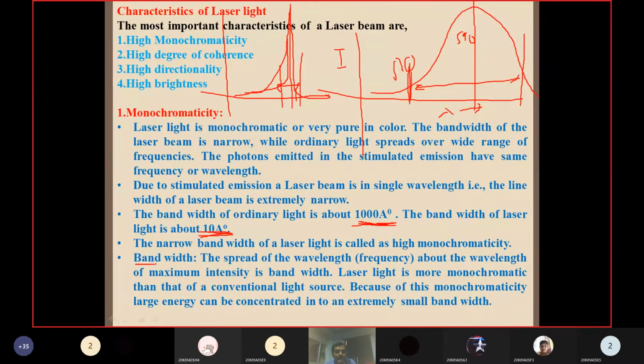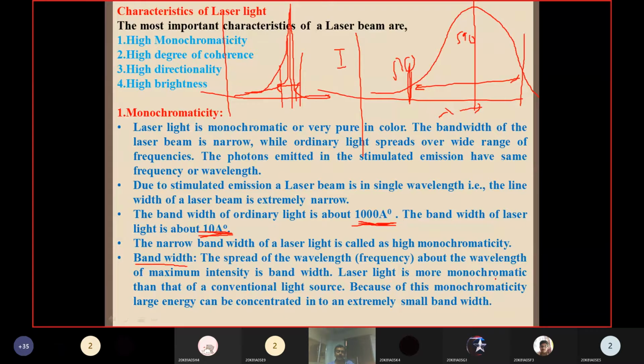What is the definition of bandwidth? The spread of wavelength about the wavelength of maximum intensity is bandwidth. Here is the maximum intensity of the wavelength, and it spreads 5 angstroms on this side and 5 angstroms on this side. The total spreading from here to here is called bandwidth.